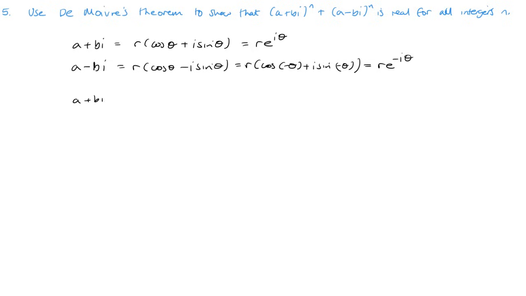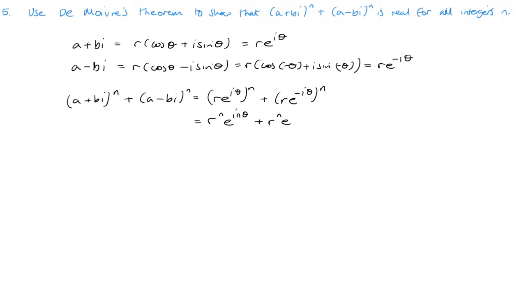So (a plus bi) to the power n plus (a minus bi) to the power n is (re to the i theta) to the power n plus (re to the minus i theta) to the power n. So this is r to the power n e to the i n theta plus r to the power n e to the minus i n theta.